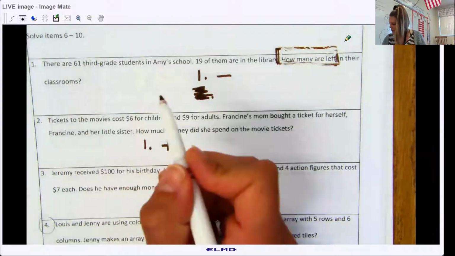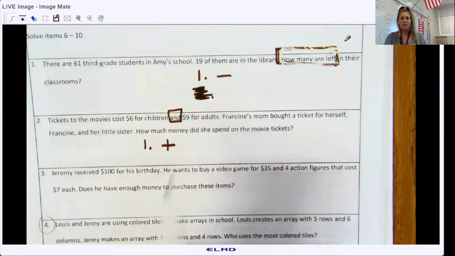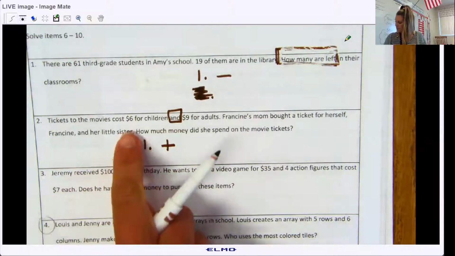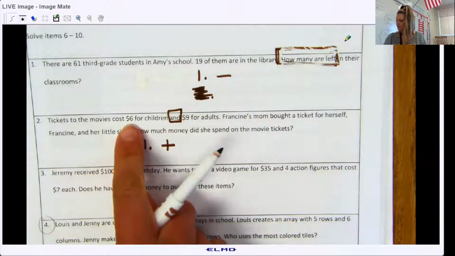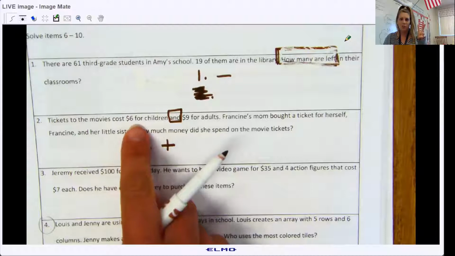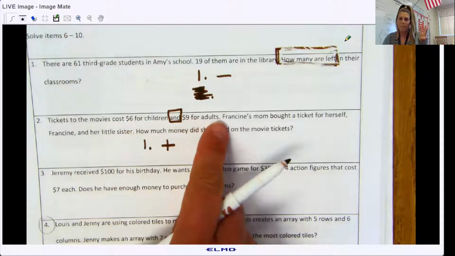And I hope, okay? So we would add $6 for her sister, $6 for her, and then $9 for her mom, right? So we could do that in one step.